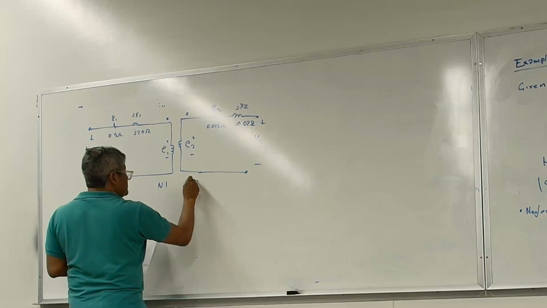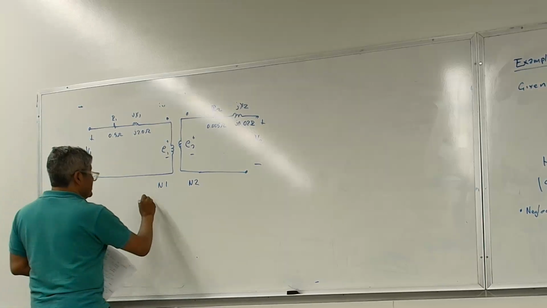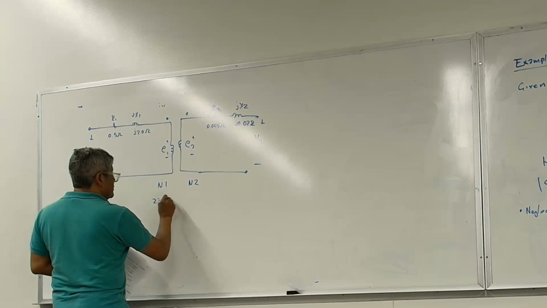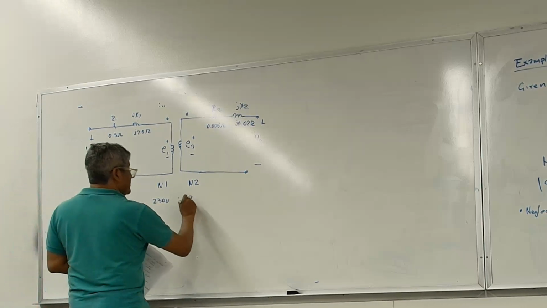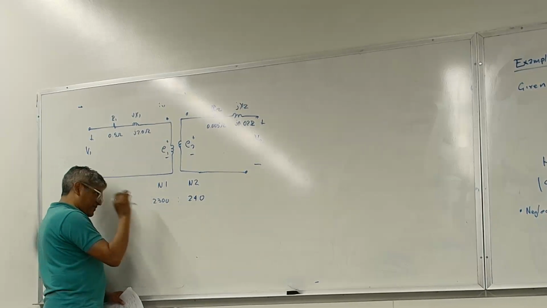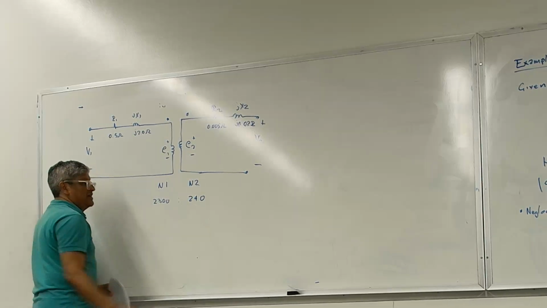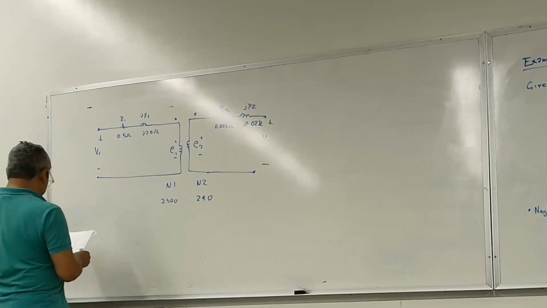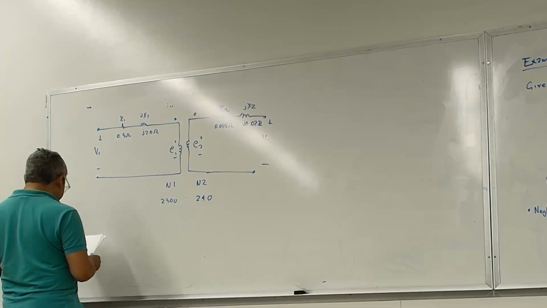Okay, and then the turns ratio, N1 and N2, they tell us the turns ratio is 2300 to 240. So that's the turns ratio of the transformer. For every 2,300 turns, there are 240 turns on this side. So we can use the voltage for that.